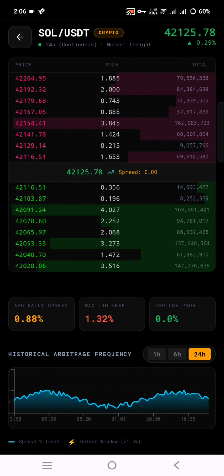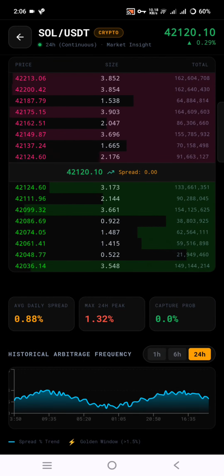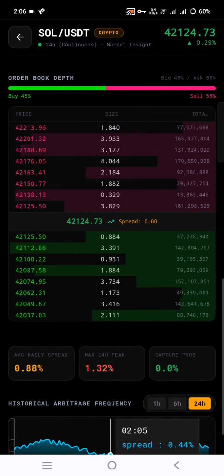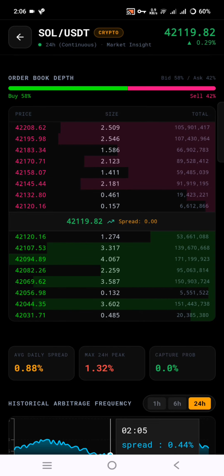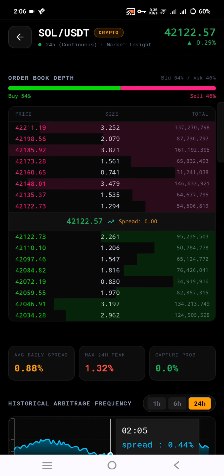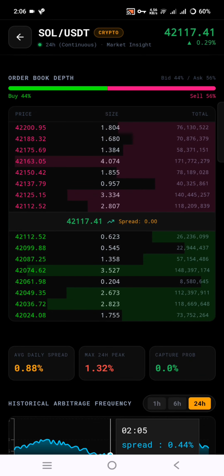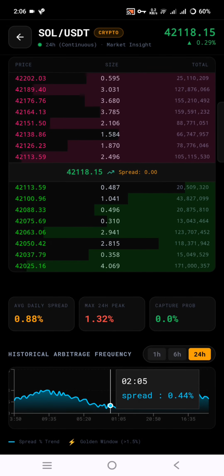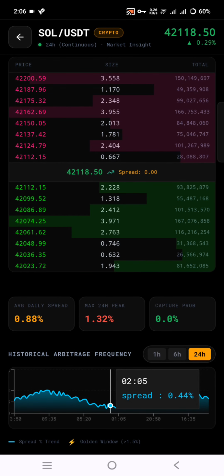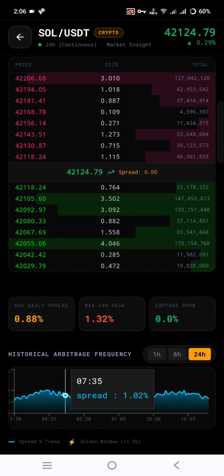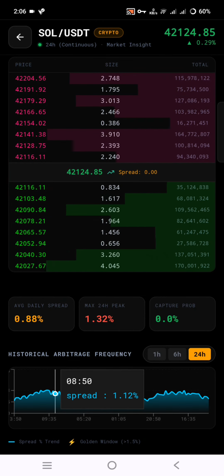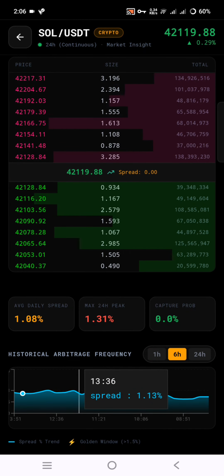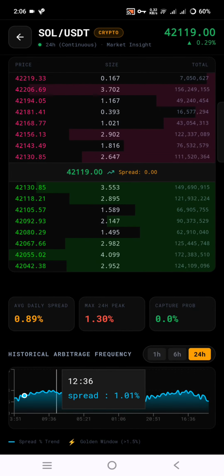This graph will tell you how this particular coin, commodity or anything, because the Arbi scanner scans different markets, such as the stocks market, the commodity market, the crypto and the forex market, has been performing in the last 1 hour, in the last 6 hours, and also in the last 24 hours.